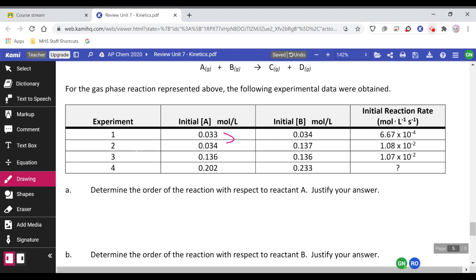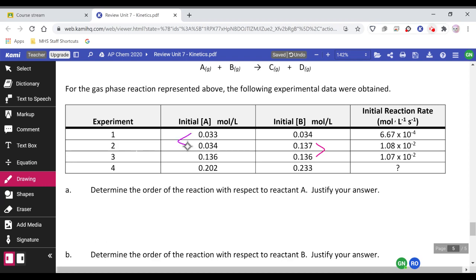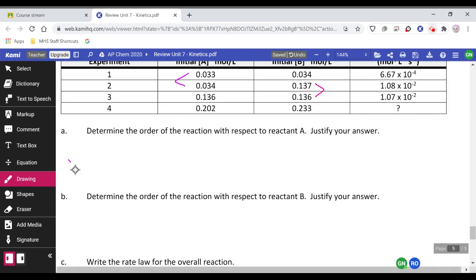Okay, so let's look at concentration of B. Again, I was told that we were close enough here. Let me change my color on that just because I wanted to do that in a different color. Put my arrow on the other side. Okay, so first let's determine the order of reaction with respect to reactant A. So on that, what I want to do is look at experiments 2 and 3.